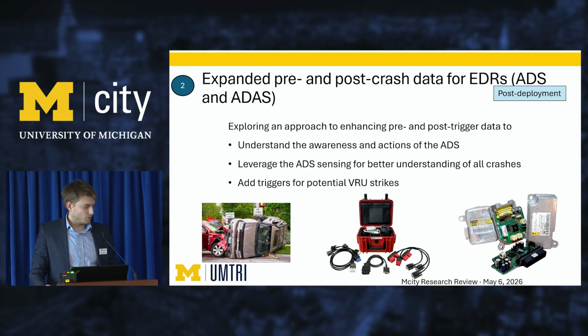Also, for VRU strikes, sometimes the delta V is so low that the EDR isn't triggered. So we were looking to add triggers for potential VRU strikes as well, so that we can capture those scenarios in the EDR and analyze them.